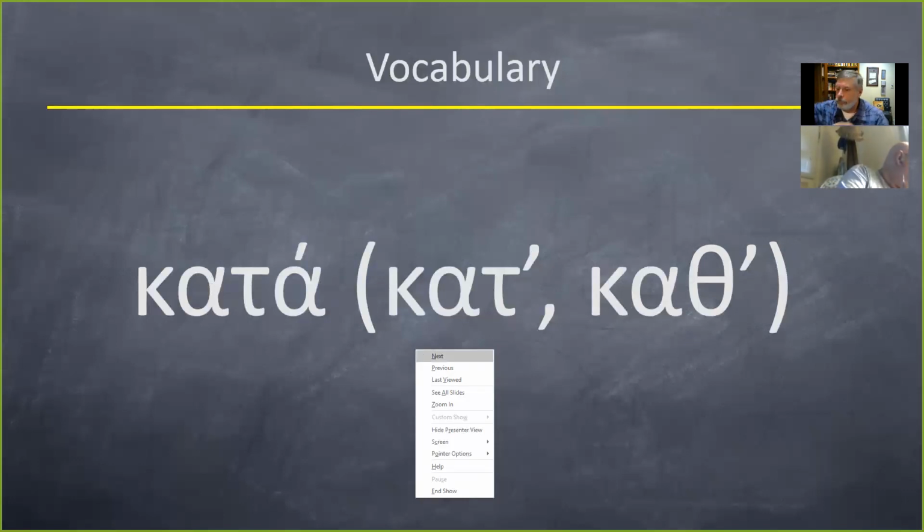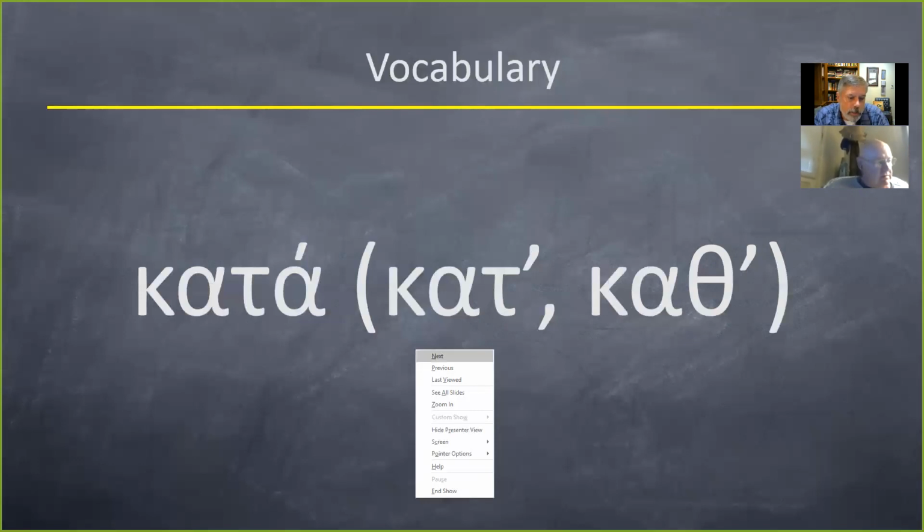Hold on a minute. Yeah, no, it's not a double tau, it's a single, so it's the same word. And it's in the accusative, so it would be according to Matthew, or according to John, or according to Mark or Luke. So yeah, it's a single tau, and this is that word.